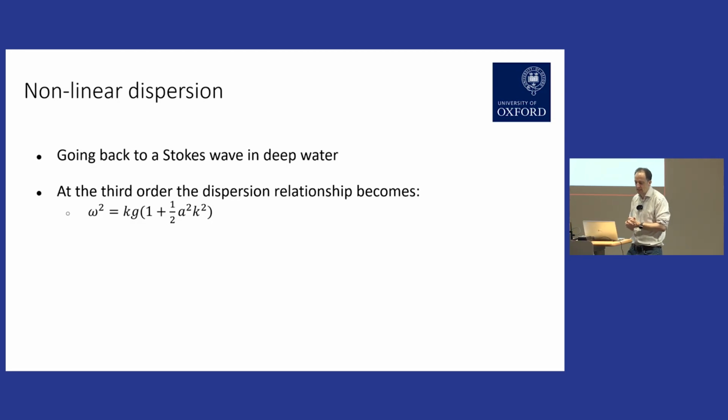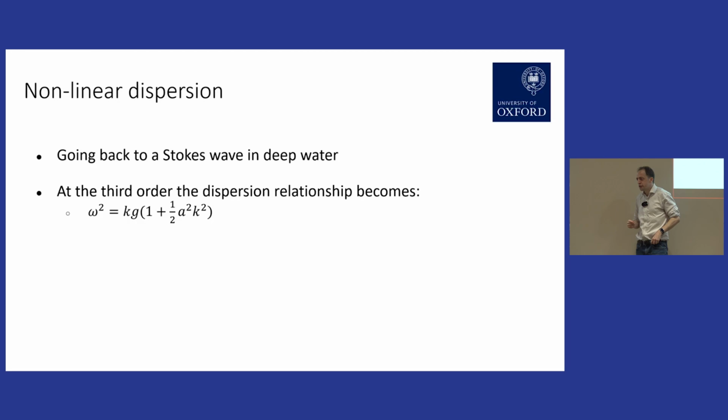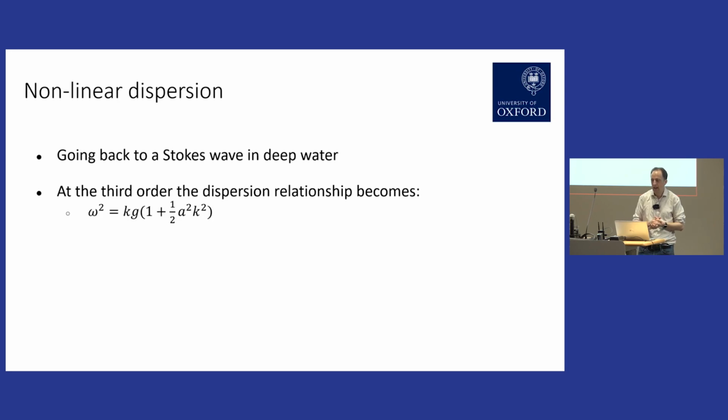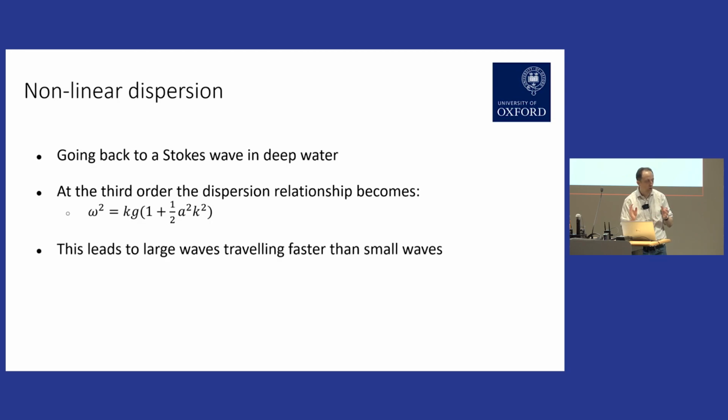We get this a squared k squared term. So at the third order, we're modifying how fast our wave is traveling, and we're modifying that by something which is third order in steepness. So qualitatively, what this means is that large waves will travel faster than small waves, at least in deep water.